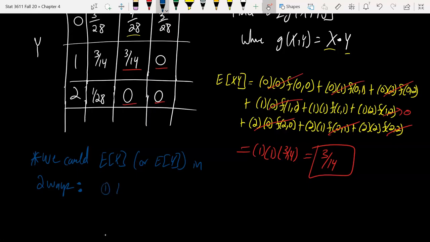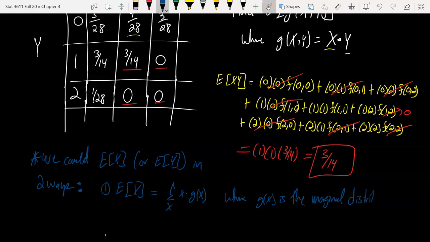Option 1, to compute the expected value of x, would be to first compute the marginal of x, and then just use that to find your expected value. g of x is the notation for the marginal distribution. And remember, how does one get the marginal distribution?